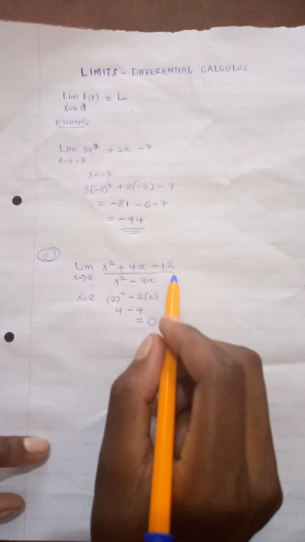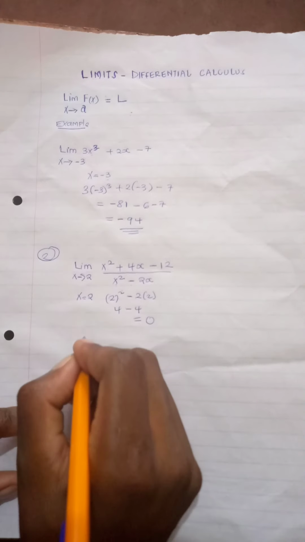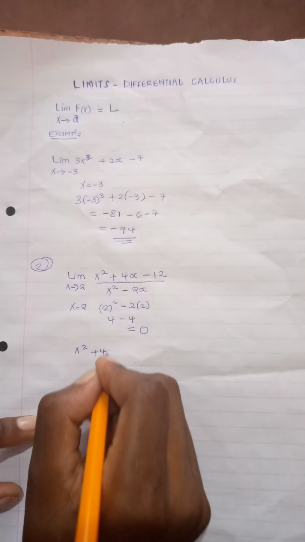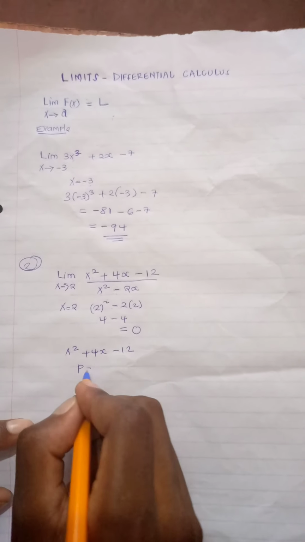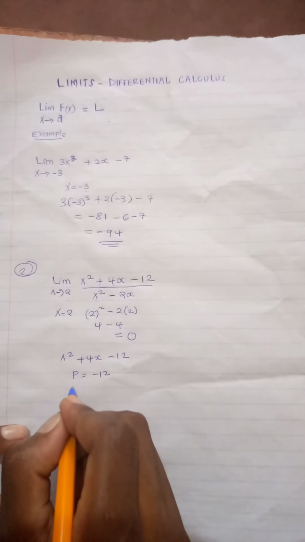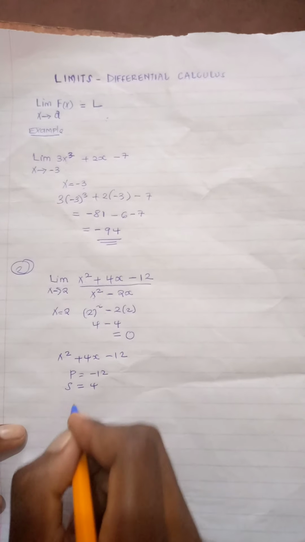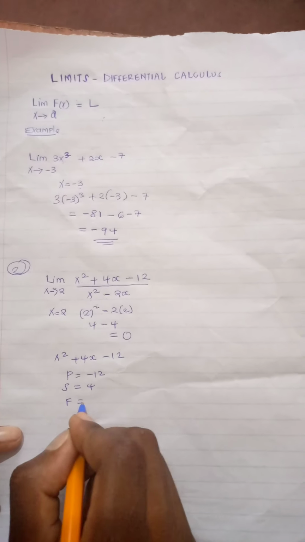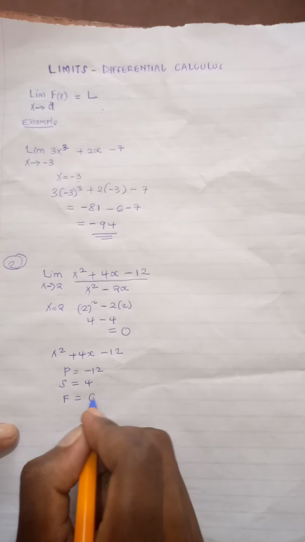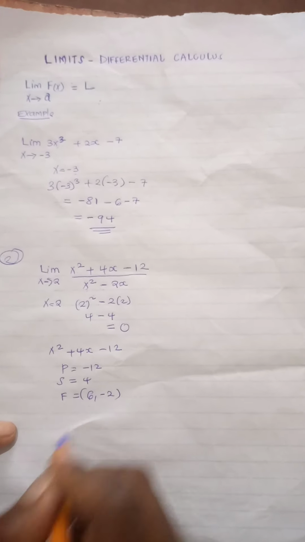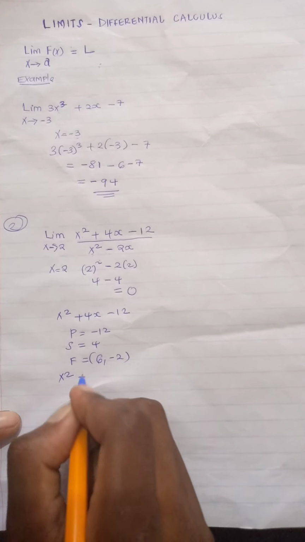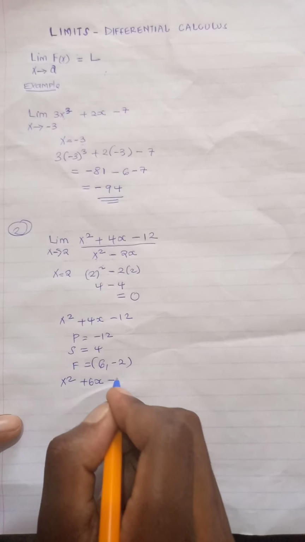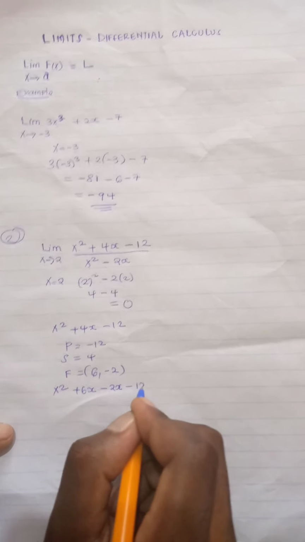Let's start with our numerator. It says x squared plus 4x minus 12. So the product is negative 12 and the sum is 4, so our factors are 6 and negative 2. Now it will be x squared plus 6x minus 2x, then minus 12.